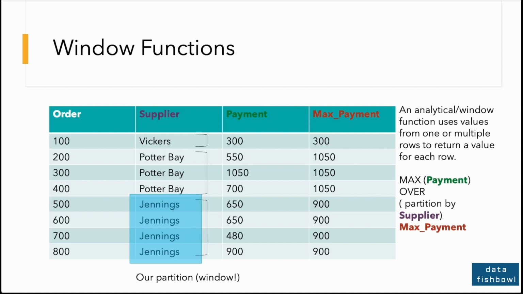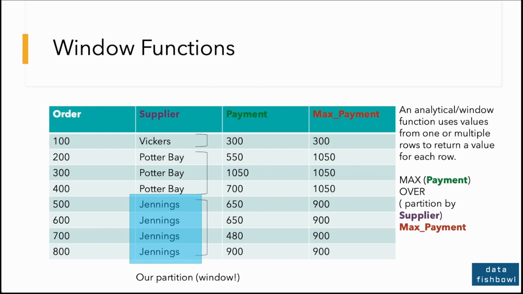And what window functions allow you to do is declare that amount next to every single row in that window. So in this case, 1050 is the largest payment, and that's the max payment value that you see in the column there, against every single record for Potter Bay.